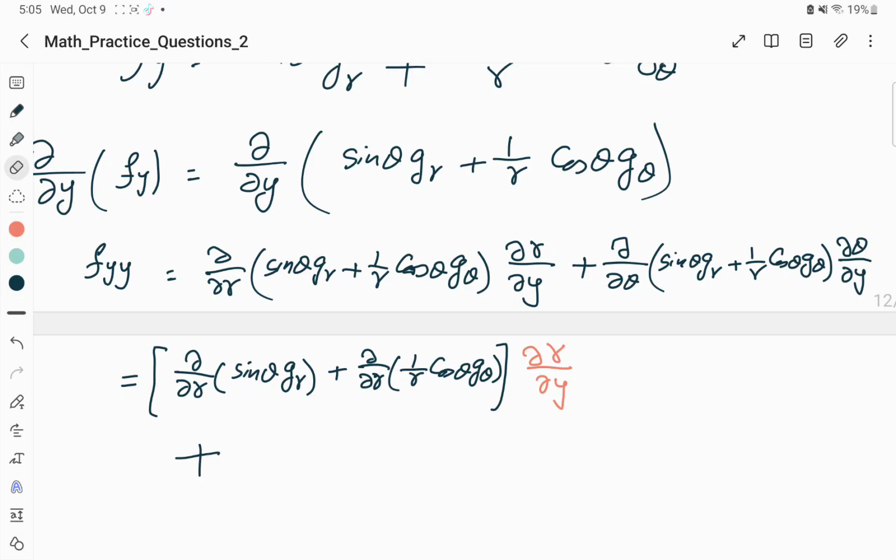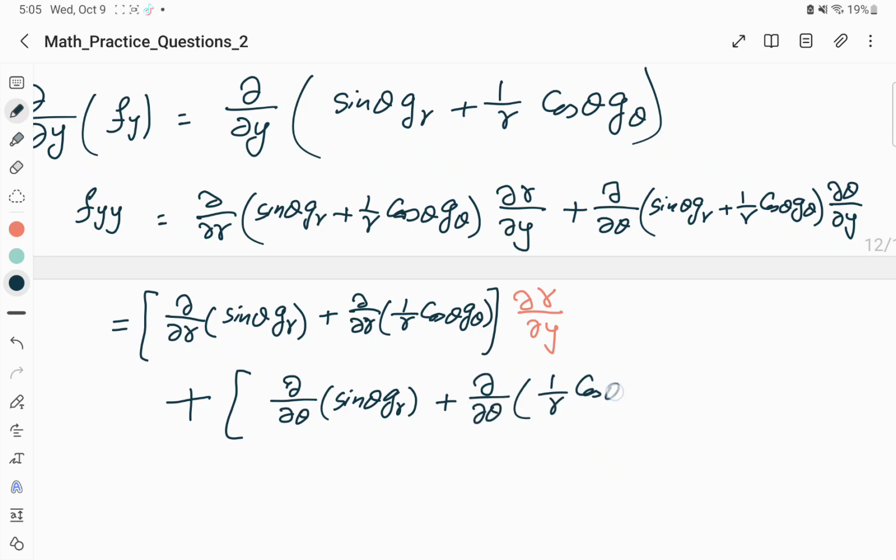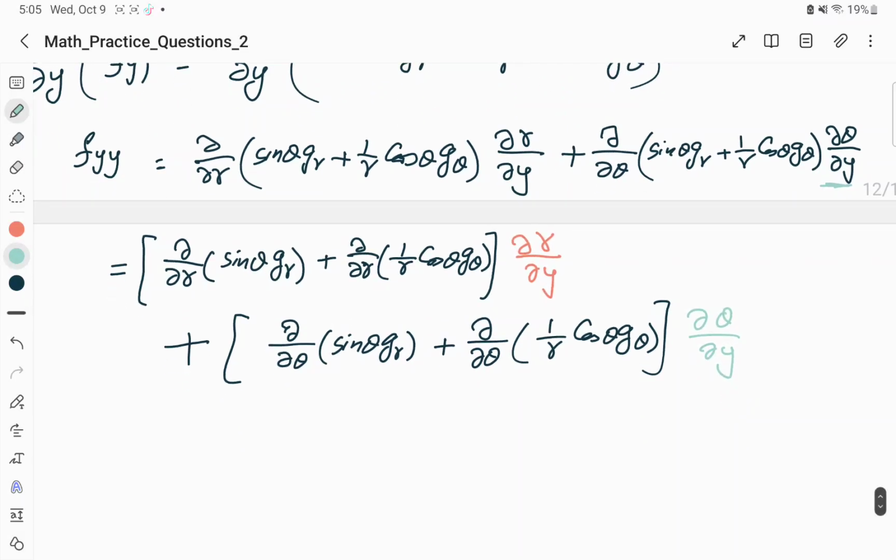And for the second expression I go over here, so I apply this derivative with respect to theta on this expression. So this will be partial by partial theta of sine theta g_r plus partial by partial theta of 1 over r cos theta g_theta, and then this expression will be outside, that is partial theta by partial y.